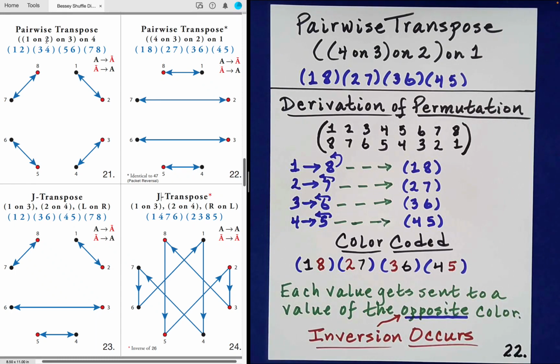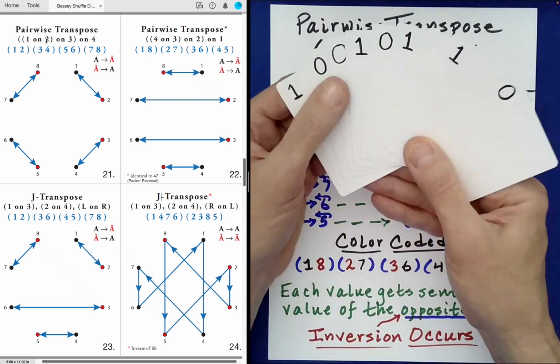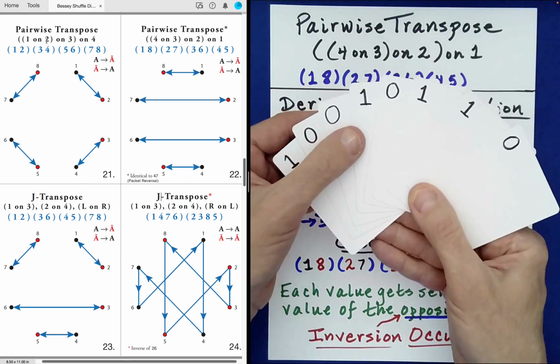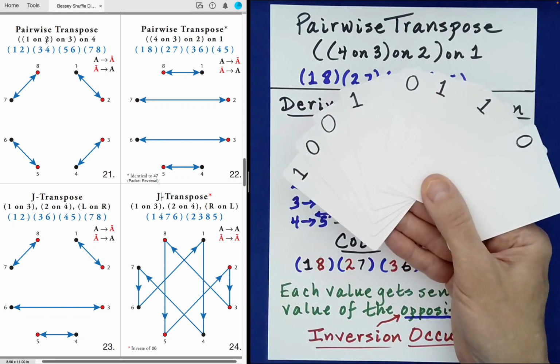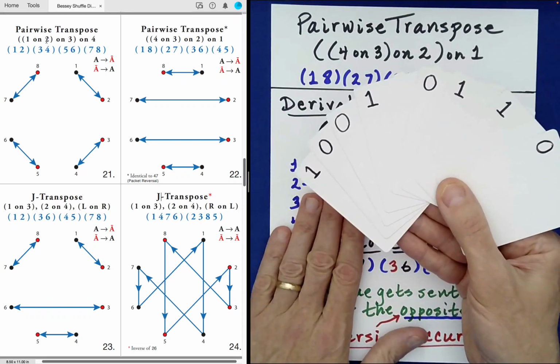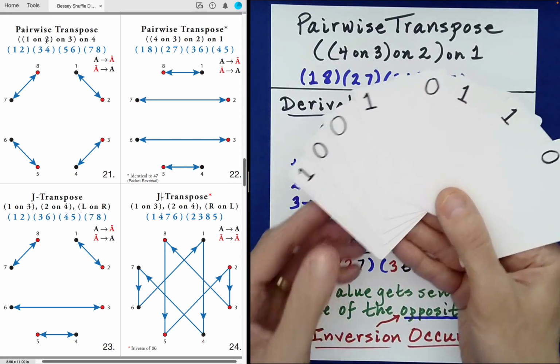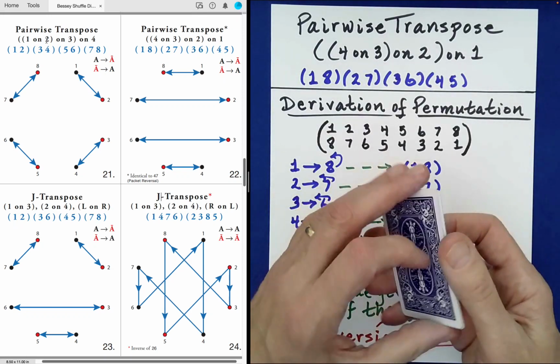Why don't we quickly demonstrate that using our quintessential Bessey sequence 1001 0110. So what we have shown here is that we should get the inversion of this sequence. So let's perform the shuffle.